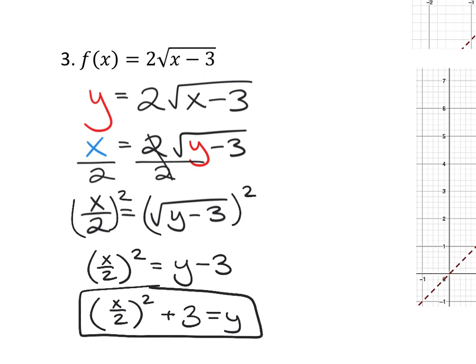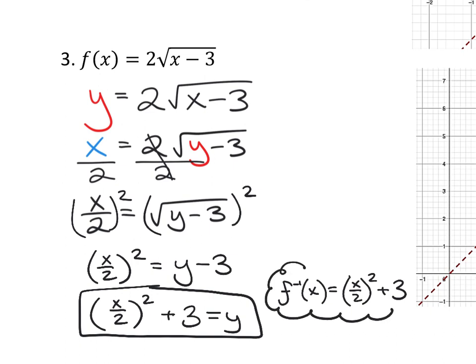And yes, I know we normally write them as y equals, but equals y is the same thing. So my fancy version of this is f inverse of x equal to x over 2 squared plus 3. Literally the same thing, just replacing the y with f inverse to indicate that they are inverse functions.